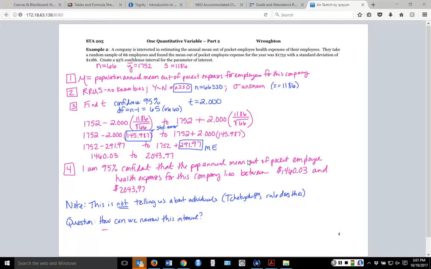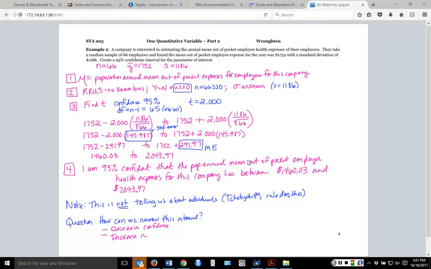So there are two different ways that we could narrow an interval. The first way that we talked about was by decreasing our confidence level. But of course, we talked about the downfall of that is you're less confident. The other way that we could narrow our interval was to increase our sample size.